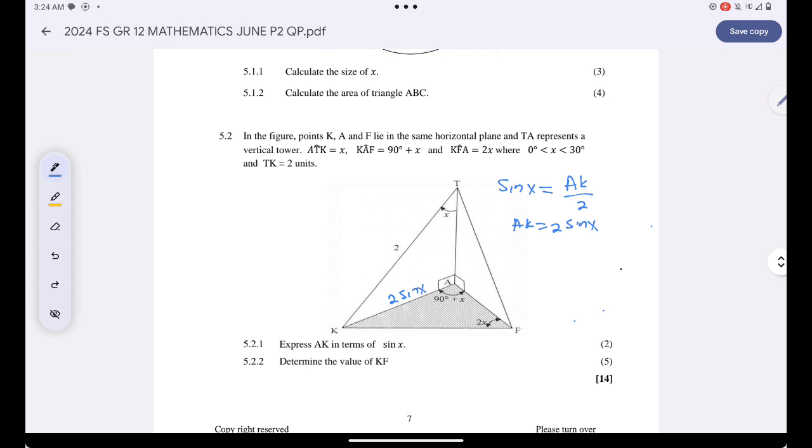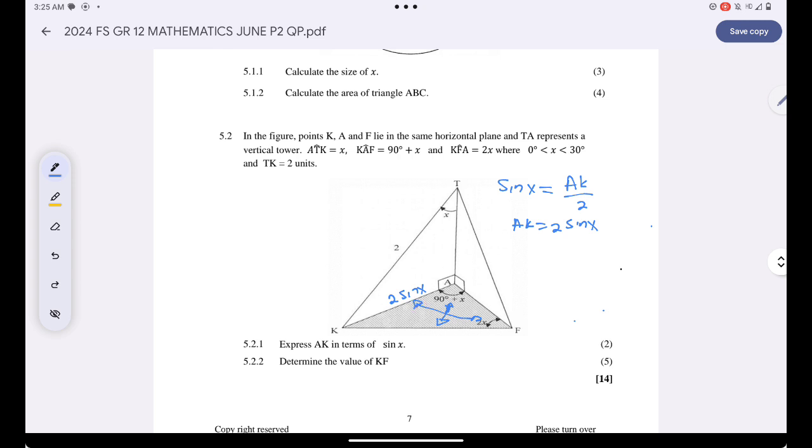Now they want us to determine the value of KF. What do we have? There we can use our sine rule. Sine rule is used whenever we have an opposite link. We have the angle opposite to KF, and here we have both the angle and the side known.